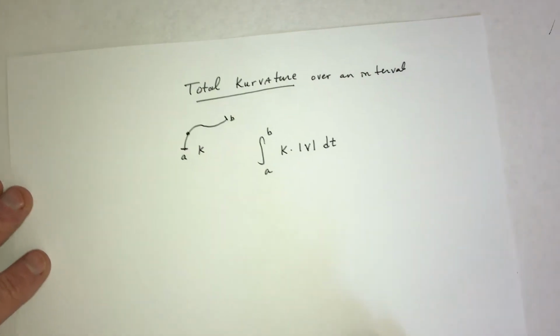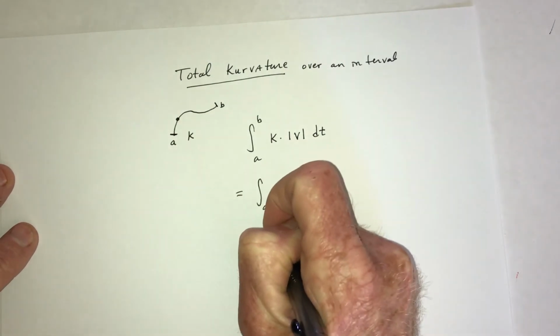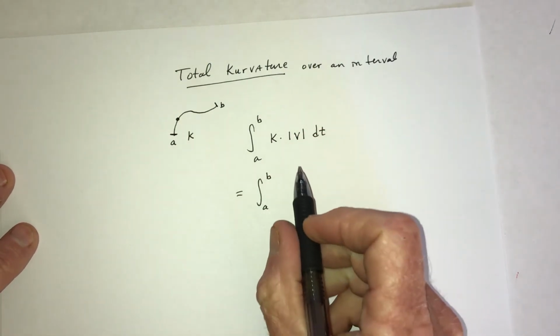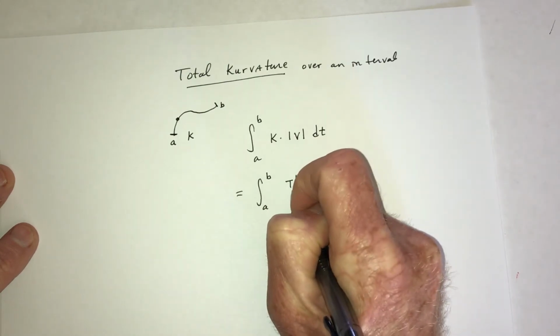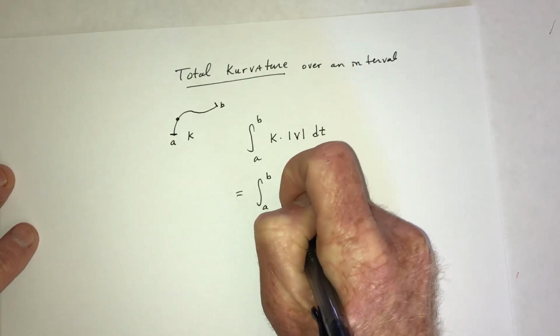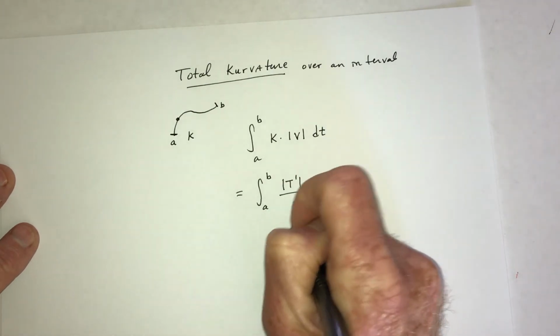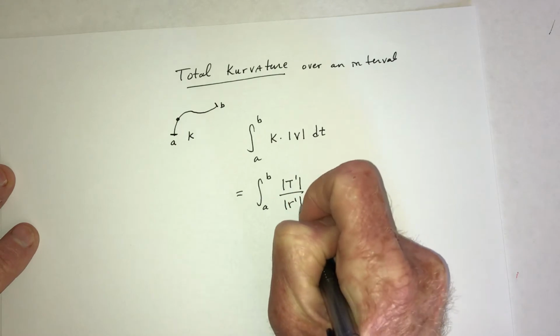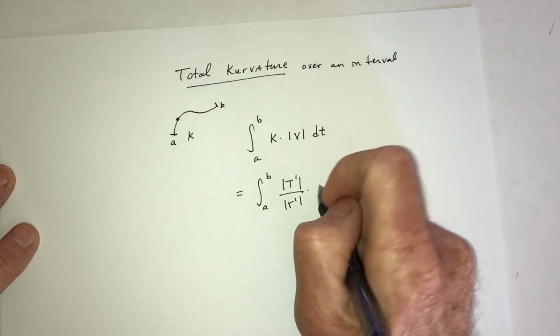So that's the given definition for total curvature. But curvature is the length of T prime divided by the length of r prime. And velocity, that is r prime.